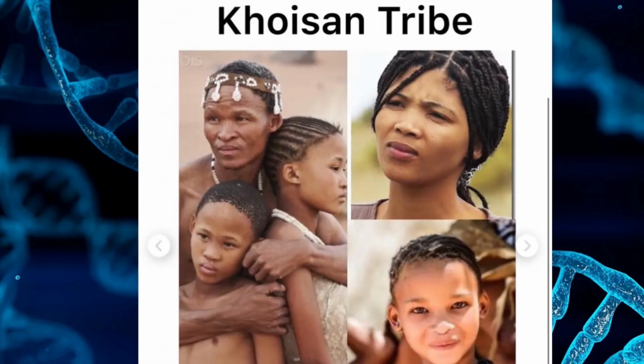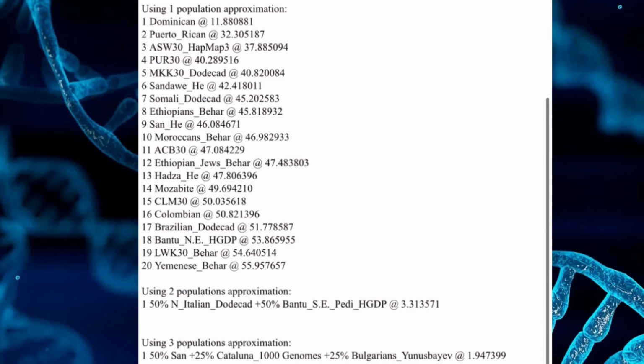So it appears that I would be 50% that. 25% Catalunya, which is in Spain, and that matches perfectly because I think Ancestry has me at like 23% Spanish and a little Basque, so that lines up. And then 25% Bulgarian. Now that is weird to me, but it does line up with the ethnic breakdown where it said the Caucasus region, and I believe Bulgaria is in the Caucasus region.